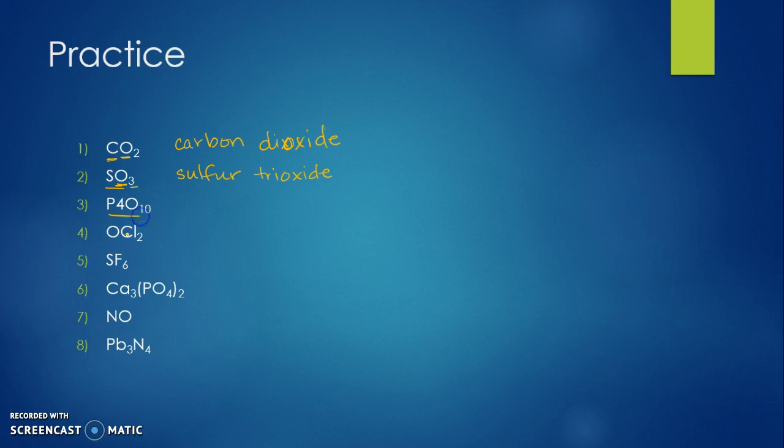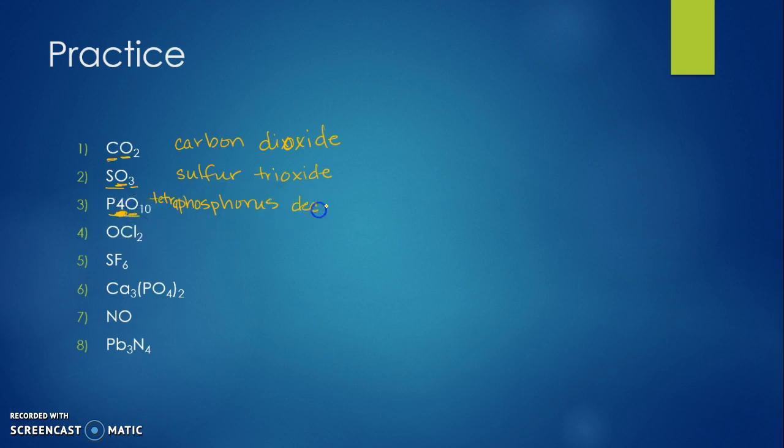All right, here's another one, P4O10. All right, so phosphorus, first element, is it a metal? No. Okay, so just name the first element, phosphorus. Okay, second element, well, hold on, Ms. Ruark, we've got 4 phosphorus. So we've got to put a tetra here at the beginning, don't we? Tetraphosphorus. And then we have 10 oxygens.